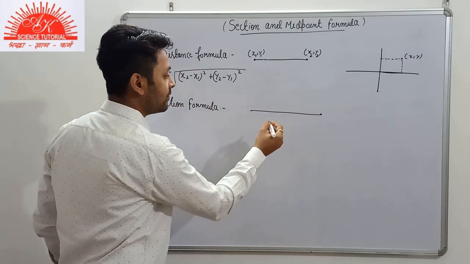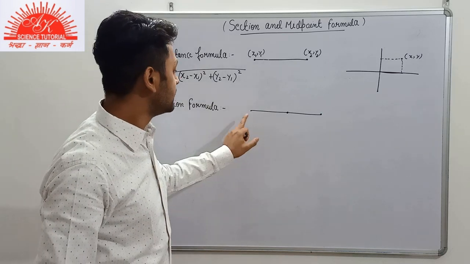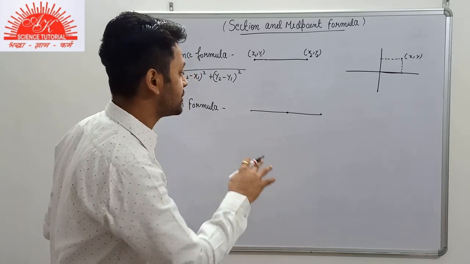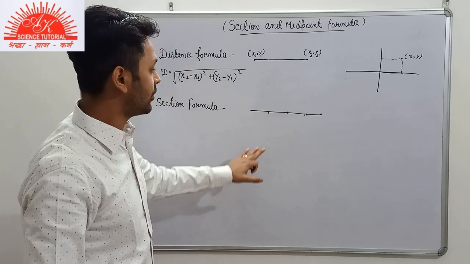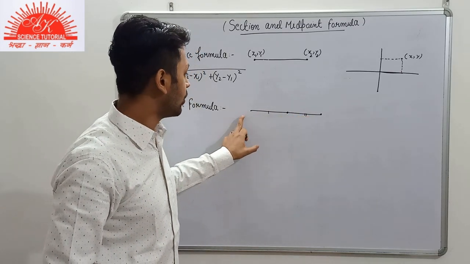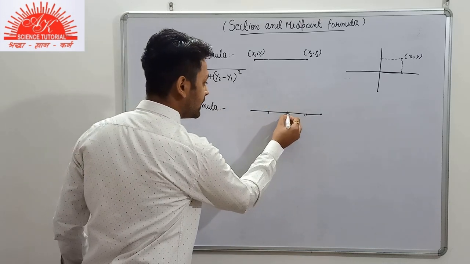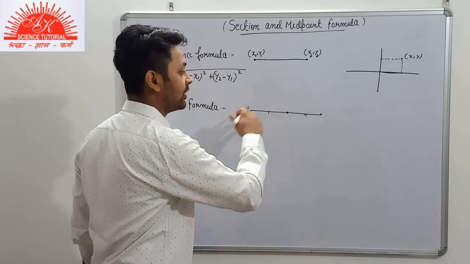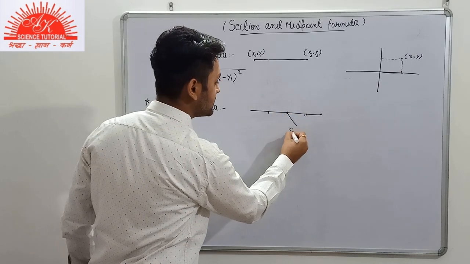But if we put a point on this line segment, the segment is distributed into two parts. This point is distributing the line segment into two parts, so this point is creating a section.